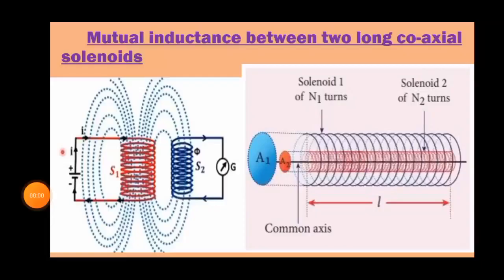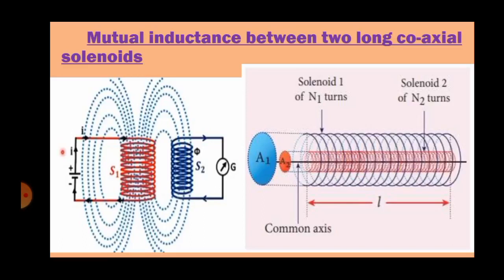Note it down. Now we are going to discuss one more important topic, mutual inductance between two long coaxial solenoids. In the previous section we discussed mutual inductance. What is mutual inductance?